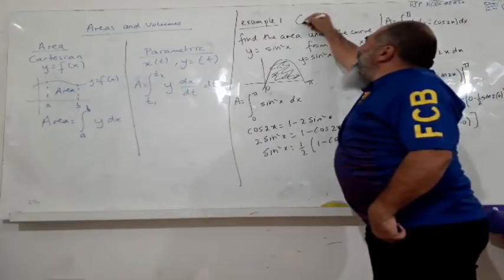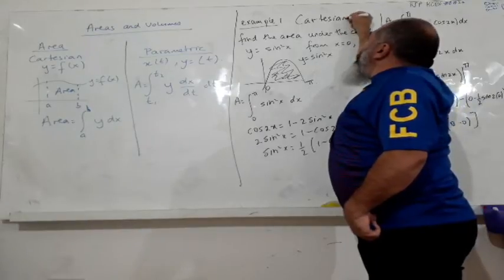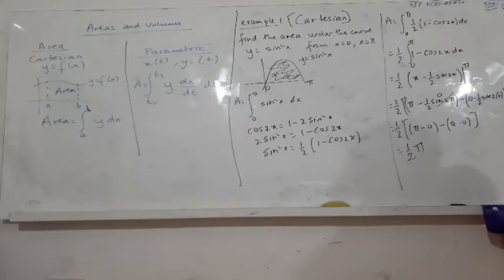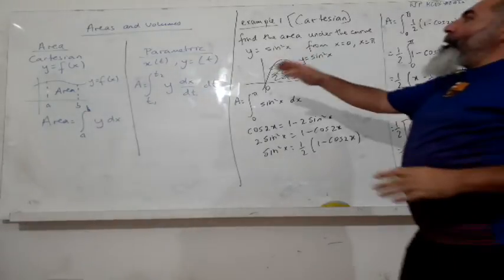Now we are going to do an example for parametric equations. Let's erase the board and continue with parametric equations, and I am going to give you an example so that we can work on parametric equations to find the area. Here you have to be careful.